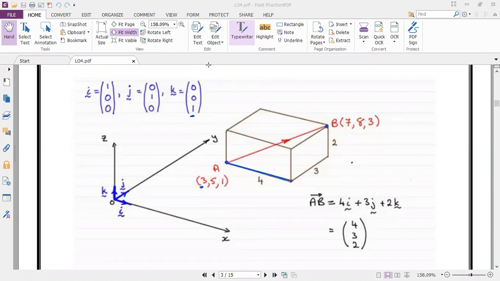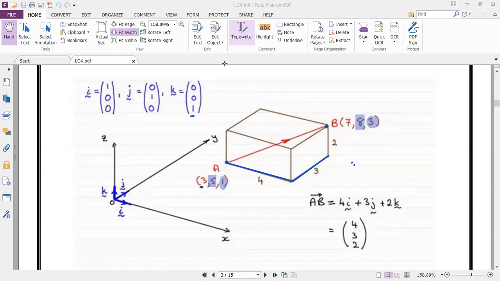Okay, and if we look at y here, it is 5 and y here is 8. We moved from 5 to 8, so we moved 3 units on the y-axis. And if we look at z, 1 and 3, so we moved 2 units on the z-axis.